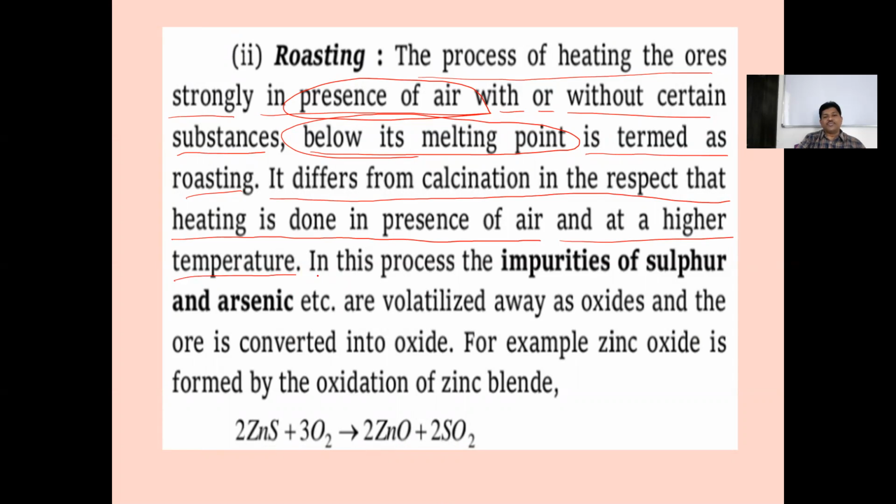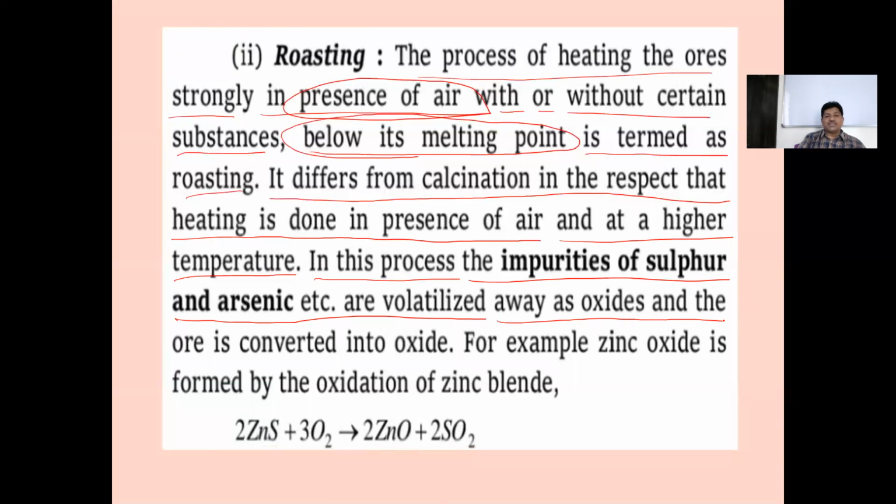Next, in the roasting process, the impurities of sulfur and arsenic are volatilized. Volatilized means they will be evaporated. The impurities of sulfur and arsenic are volatile in nature, so they will undergo volatilization.